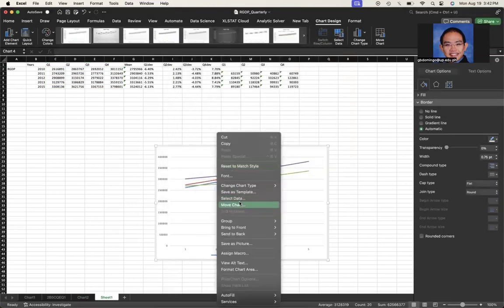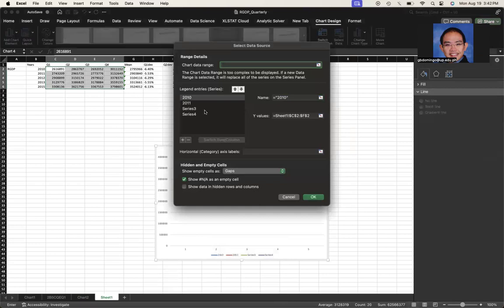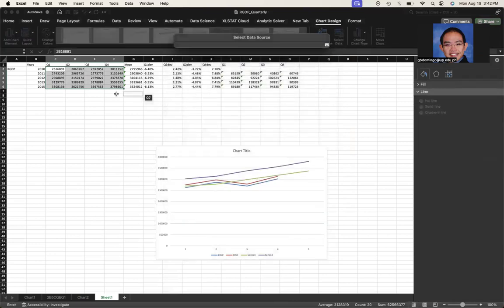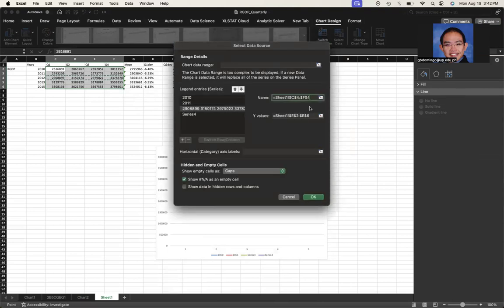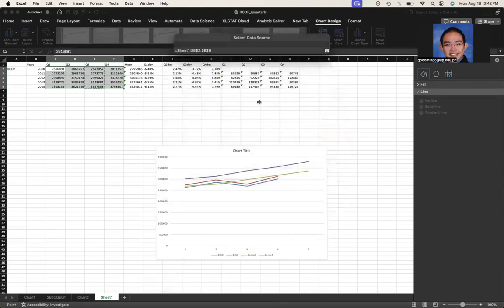Let's go back to selecting the data. Then the next one is 2012.